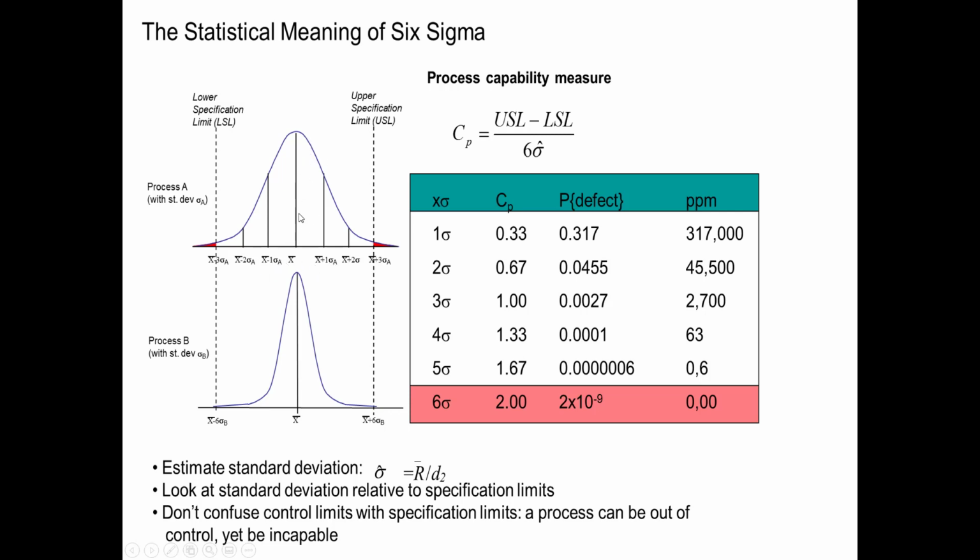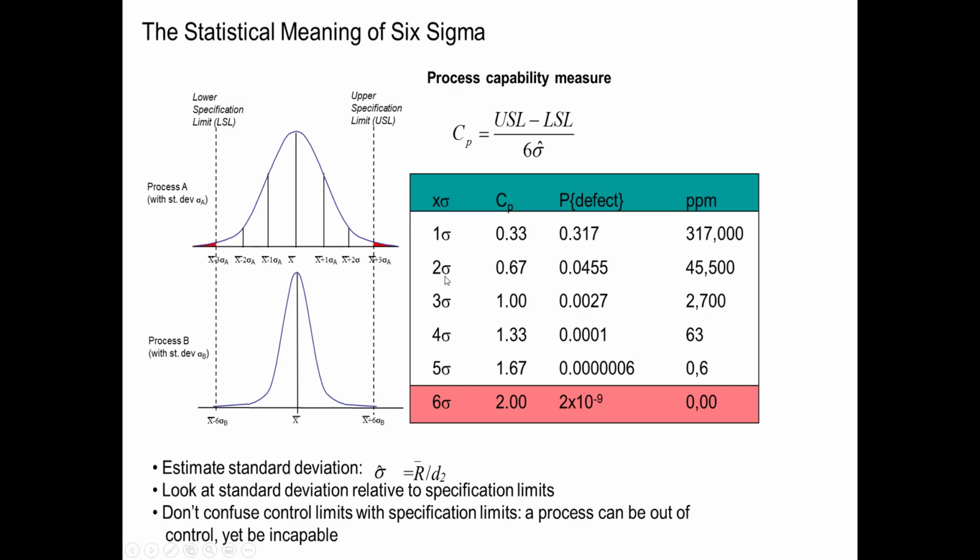So this whole area is 68%. 1 minus 68 point something will be 0.31, so about 0.3 of the area will be lying outside. It means in a million, 317,000 parts will be defective.